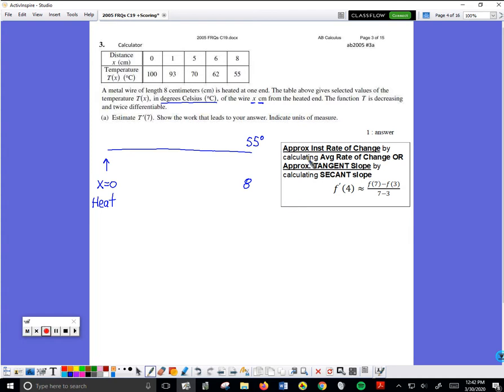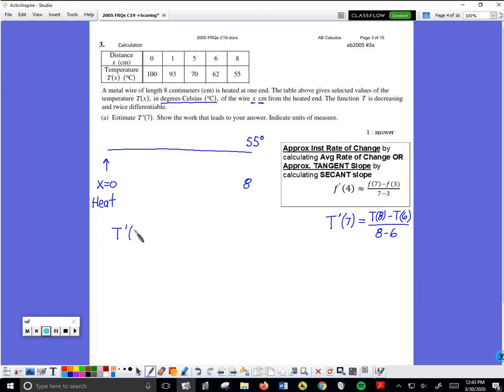If I want to approximate T prime at 7, I'm going to do that by taking the temperature beyond 7, so that would be 8, subtract from that the temperature before 7, that was 6, and divide by that change in distance along the wire. This is what I'm going to do to approximate T prime of 7.